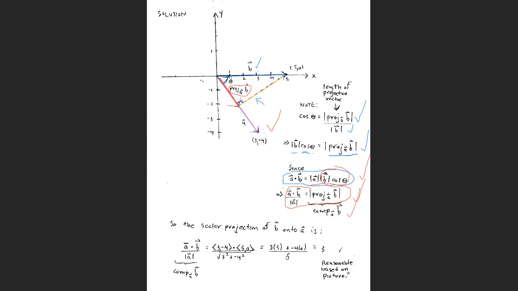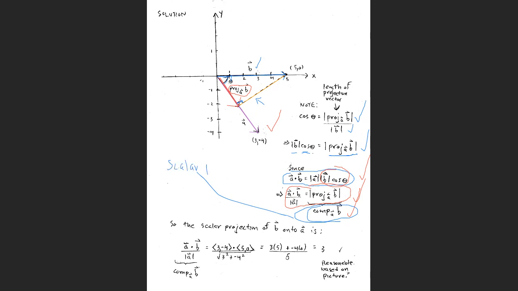Well, it's a number, right? It's a number. So we call that the component. I want to be a little careful here how I phrase this. The book calls it the scalar projection of B onto A. That's what they call that.